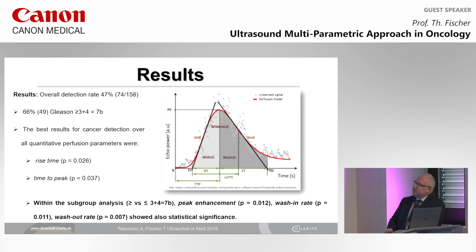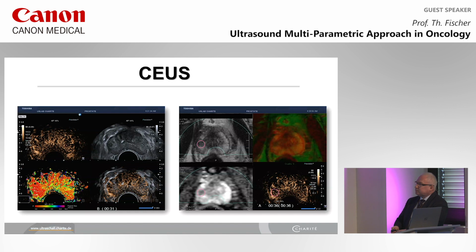And I think we can say we are able with this subgroup analysis to use peak enhancement, wash-in and wash-out rate to have a statistical significance to separate aggressive cancers from non-aggressive ones. And that's very interesting and important. And of course, this is more scientific research, but I think this is very important to know. Some other nice pictures: quad screen, arrival time, different MR sequences, contrast inflow.